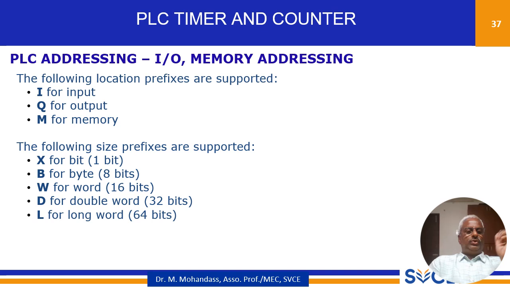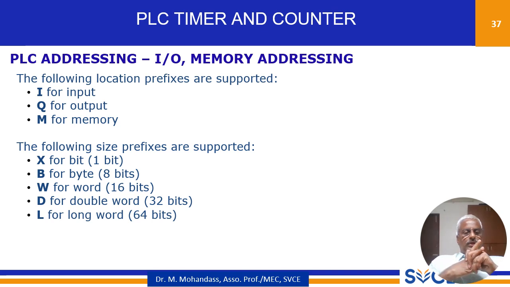Q is for designating the output. And M is for the output of either the counter or timer, and it is designated as memory in PLC. So you can easily understand once you start to do the practical part.